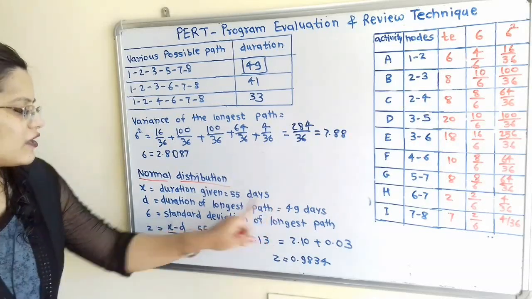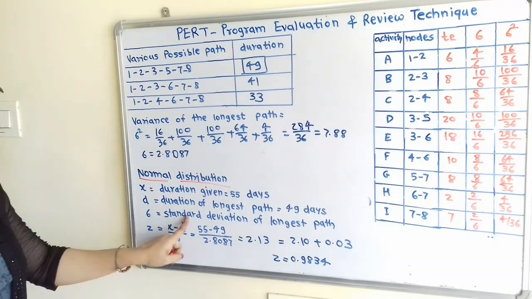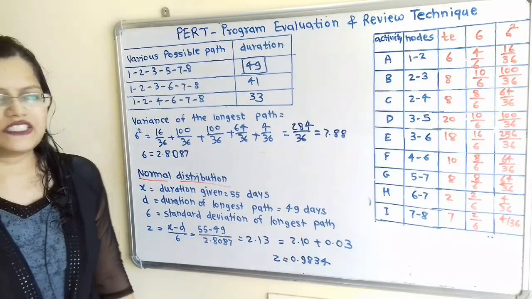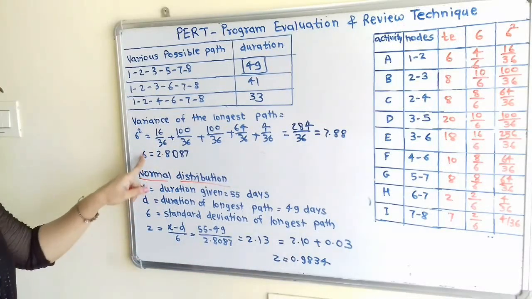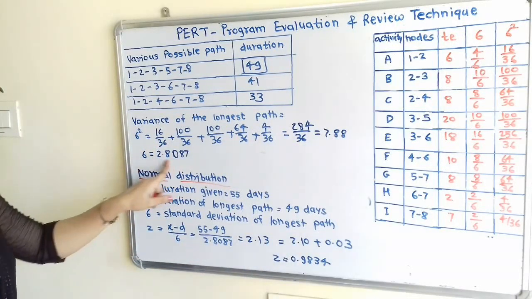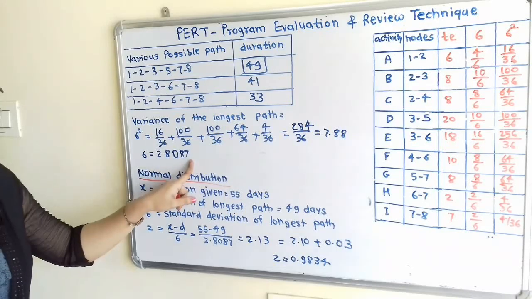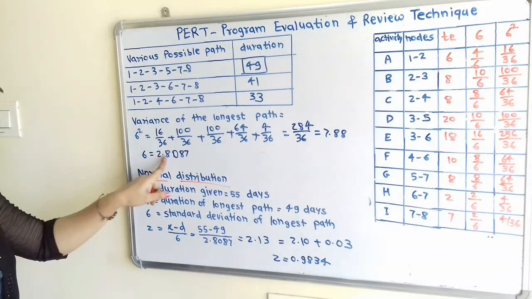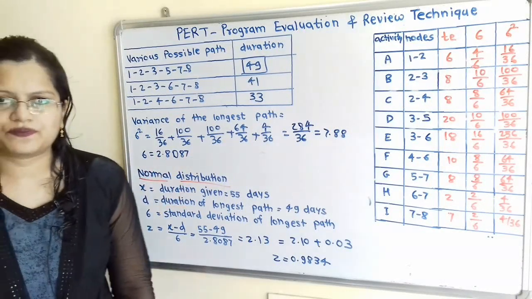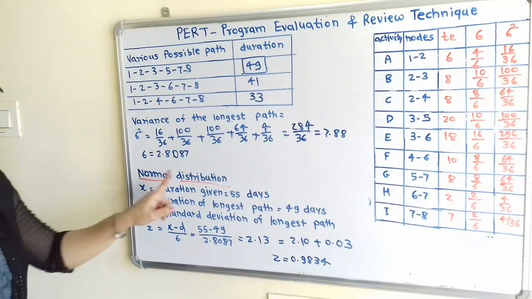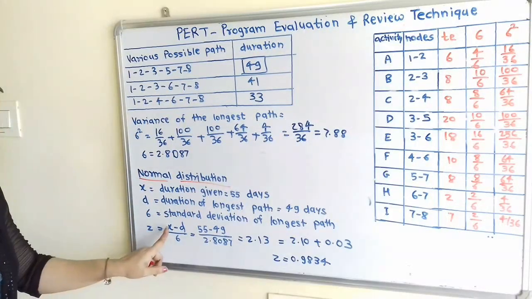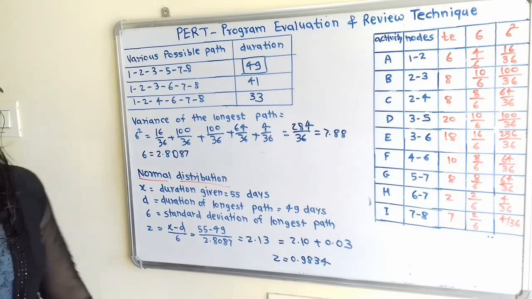So this is the value of d. And sigma, the standard deviation of the longest path, which we have calculated, is equal to 2.8087. Now we have the normal distribution formula: z is equal to (x minus d) by sigma.